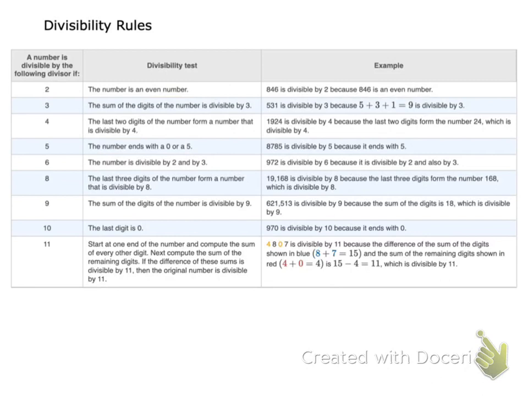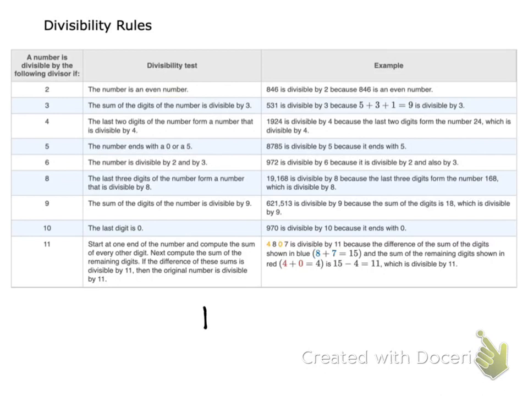And if the difference is divisible by 11, then the whole number is. Let me say this differently: if the difference is 0, 0 technically is divisible by 11, so that would be divisible by 11.